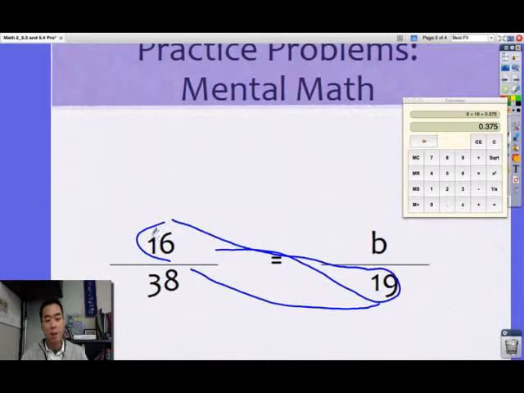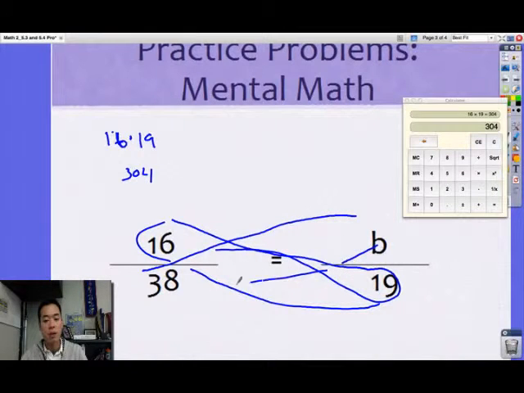I'm going to start in the upper left hand numerator and go diagonal. So I'm going to multiply 16 by 19, and on the left hand side, I'm just going to write 304. And then I'm going to multiply 38 with b, so that equals 38b.